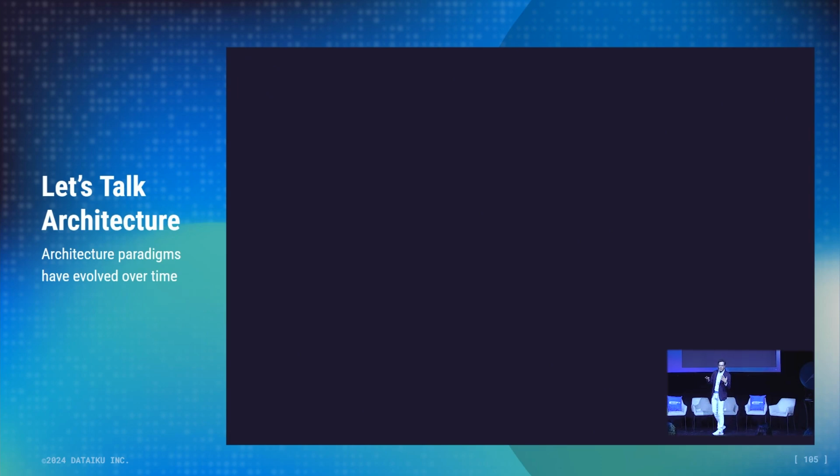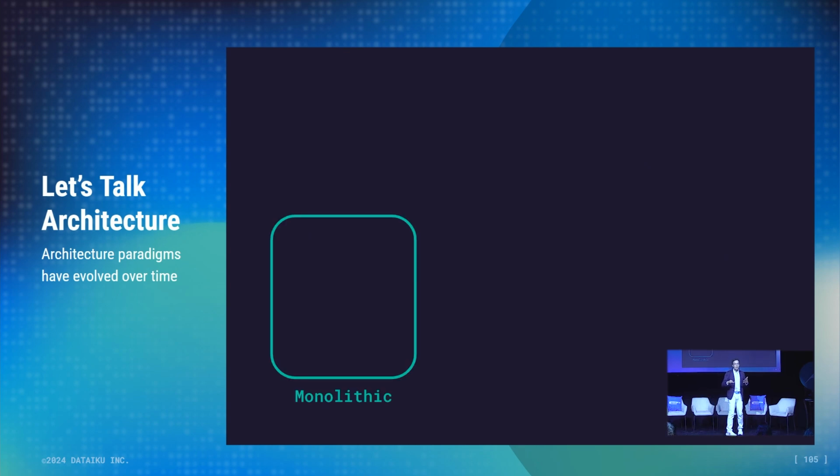If we roll back to the beginning of enterprise IT, so we're talking 40, 50 years ago, the architecture paradigm were monolithic applications. We wrote, or our predecessors wrote, big applications that did everything from data access to querying to processing to the definition of the visualization framework. All of that was built into the code base of a single application.